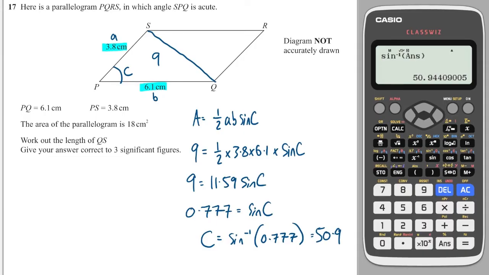Okay, that's going to be really helpful for answering this question, because now what I need to do is use the cosine rule to find this side length here. So I'm going to relabel my triangle.